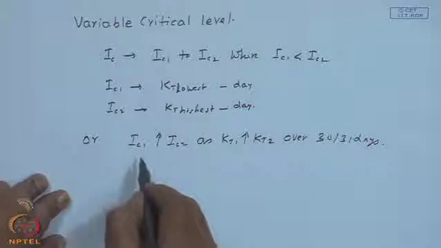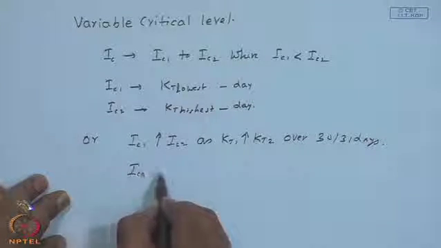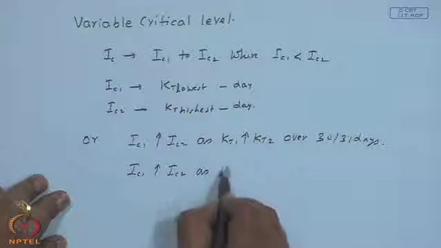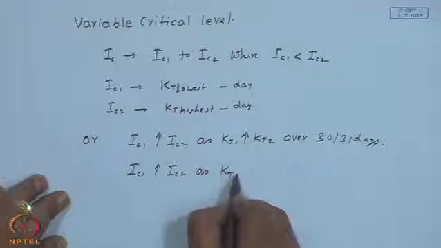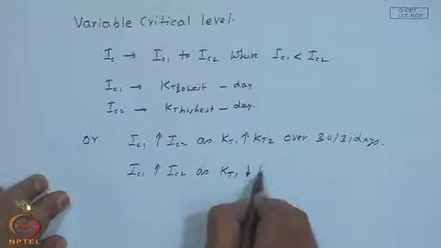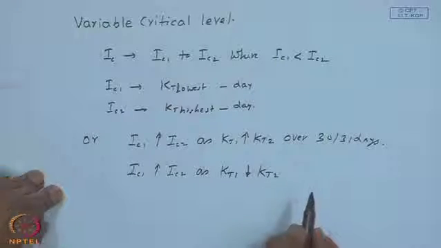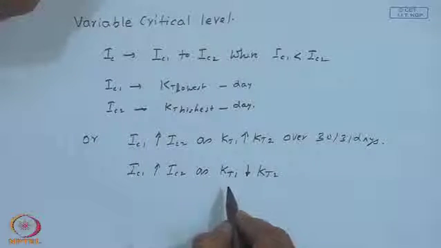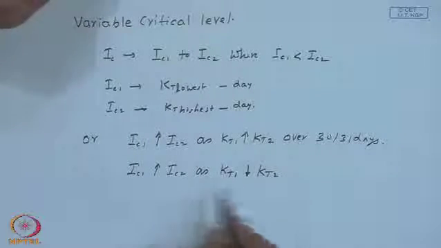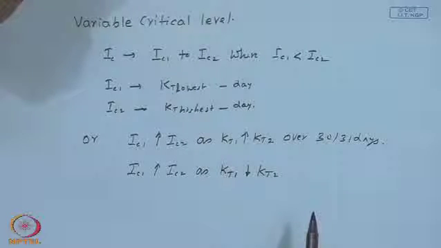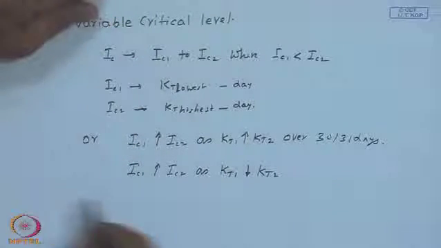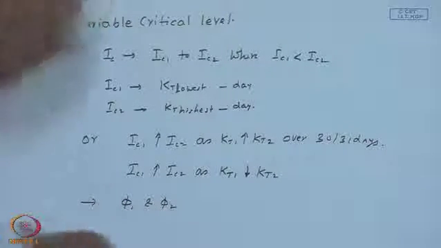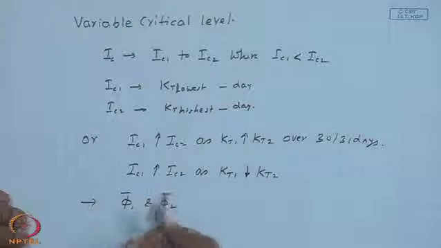The other extreme scenario is IC 1 increasing to IC 2 as KT 1 decreases to KT 2. So, in other words, the highest critical level occurs at the lowest clearness index and the lowest critical level occurs with the highest clearness index. If we can calculate, this will lead to some phi 1 and phi 2, or phi bar 1 and phi bar 2.